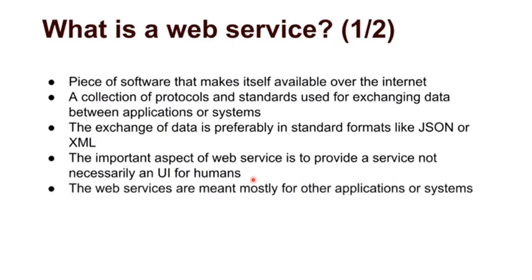Suppose we want location data from Google, and we want that this data is not to be seen by humans, but only to be processed by software which is targeting the different customers of a company across the world. So sometimes the data requirements are not only for humans. If the data requirements are only for humans, we most of the time deal with user interfaces.